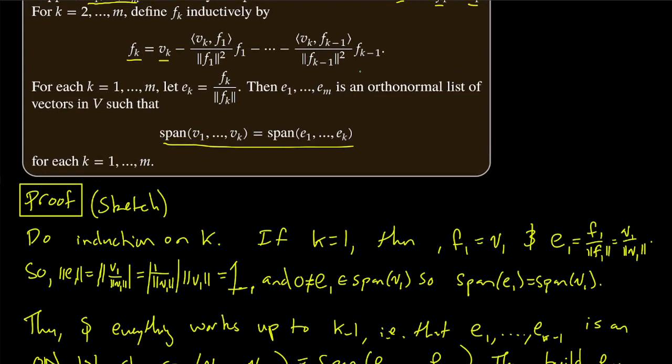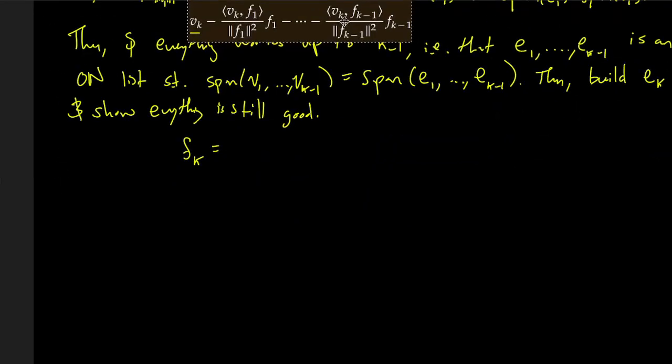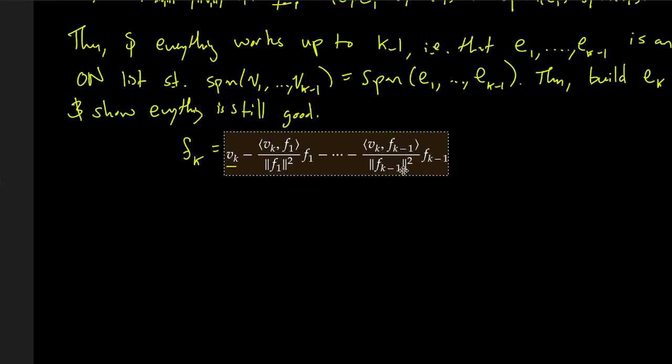Let me just take this, Control C, Control V, and move it down right here. Okay. So fk is this, and ek is equal to fk over norm fk.